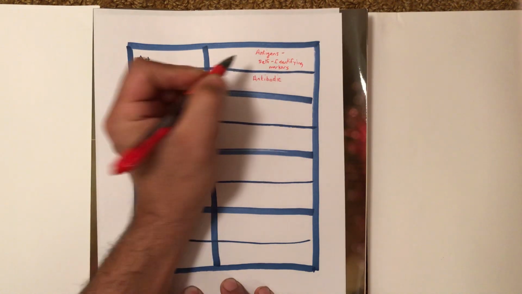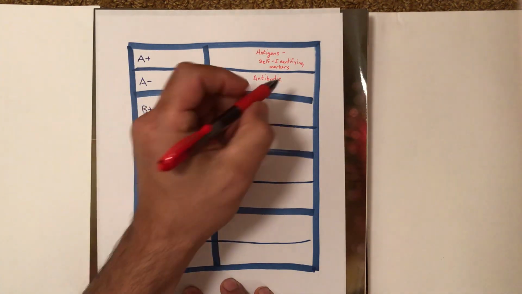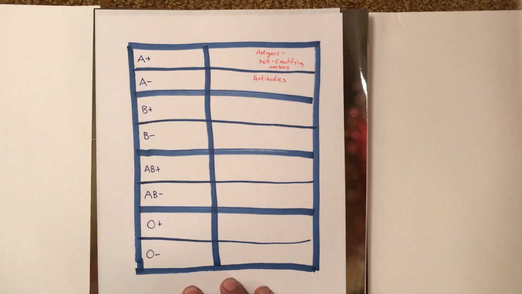And this is how we know who is who, which blood type is which, by these antigens. You'll find them on the surface of the red blood cell.